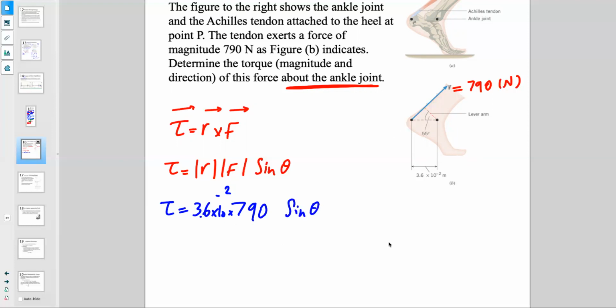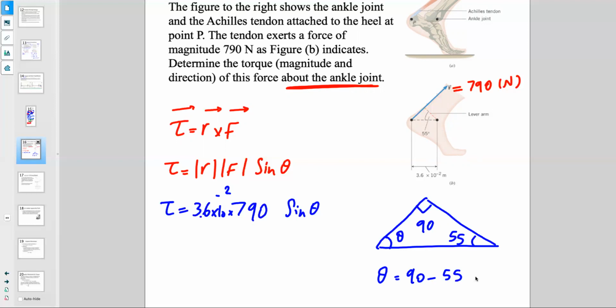So let's take a look. We have a triangle here. This is 55. This is 90 degrees. And this is our theta. So theta is 90 minus 55, right?